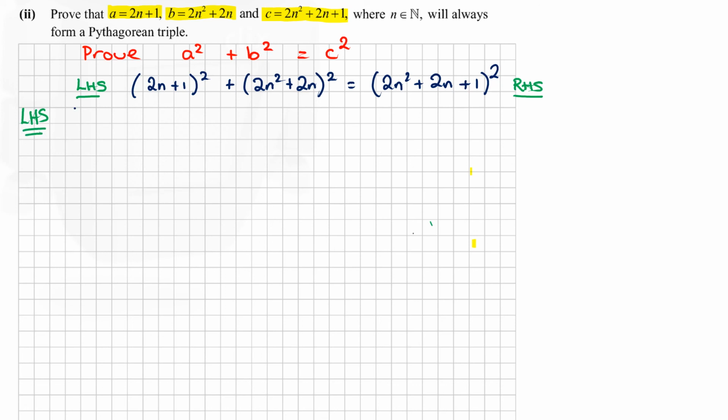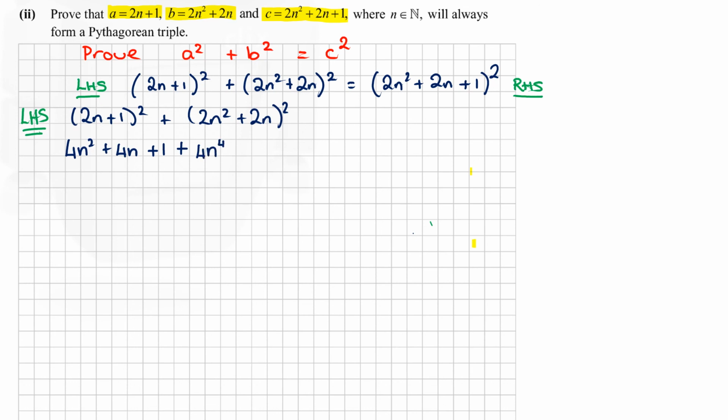So left hand side is 2n plus 1 squared plus 2n squared plus 2n all to be squared. So shortcut is square the first, 4n squared, plus twice the first by the second, plus 4n, plus square the last, 1. Same thing here, square the first, 4n to the power of 4.